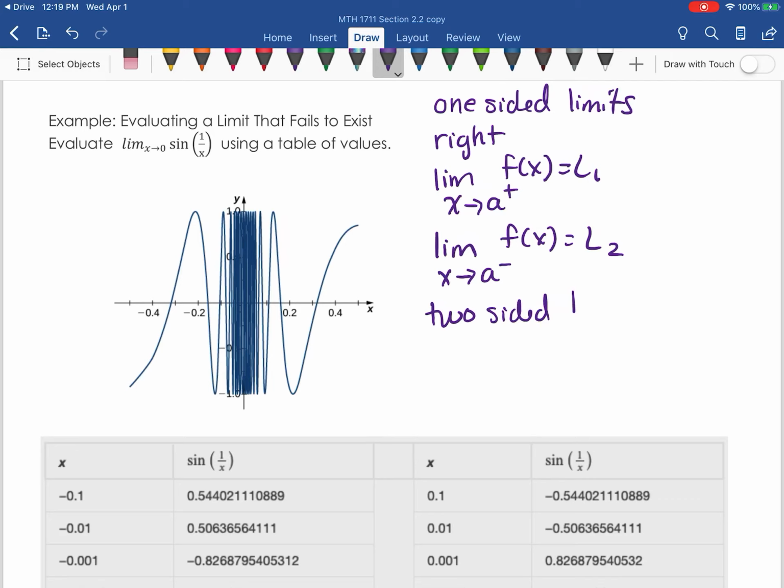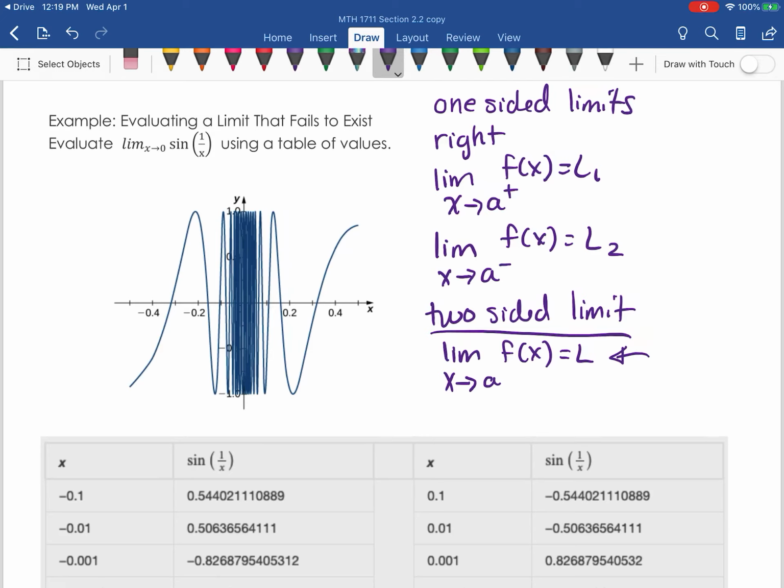Now a two-sided limit is when you're finding the limit coming from both directions, from the right and from the left. And when we're looking at a two-sided limit, we don't label it as coming from the right or the left. We just label it as x approaches A so that we know it's coming from both directions.